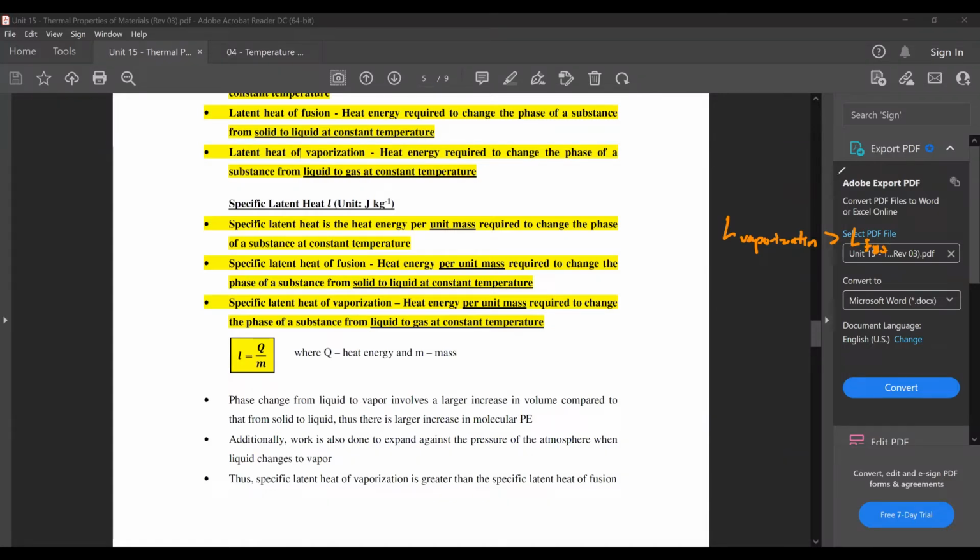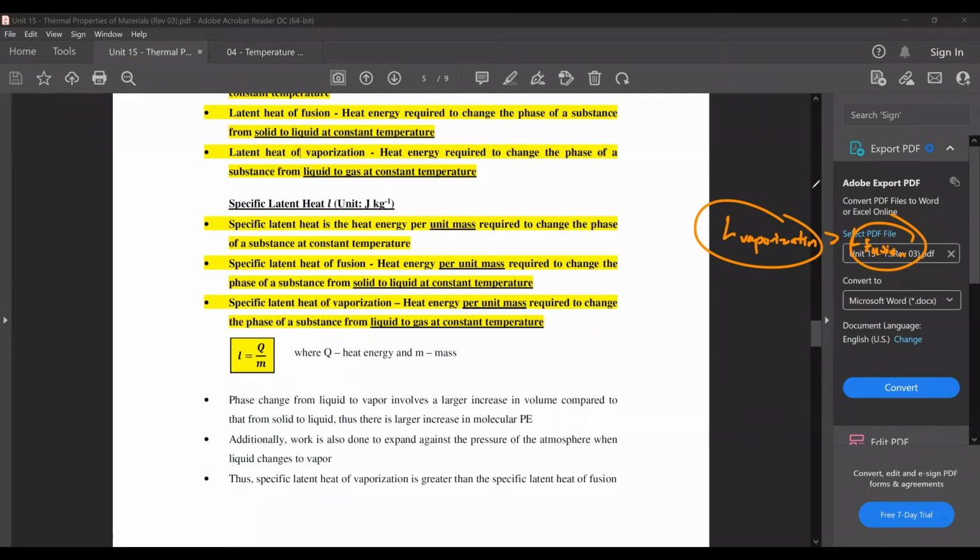Why does it take more heat to vaporize a substance as compared to melting a substance? Sometimes they might ask you this in your question. Why does it require more heat energy in the first place to cause a phase change?